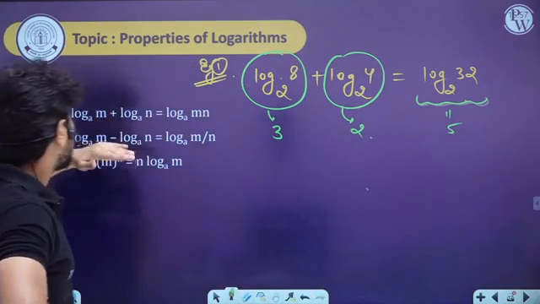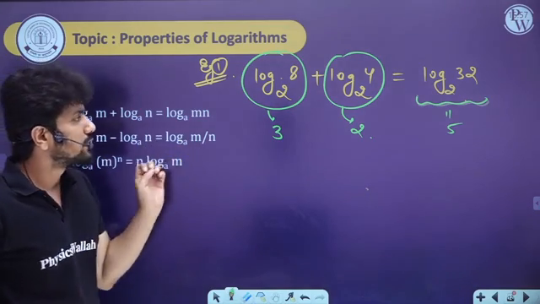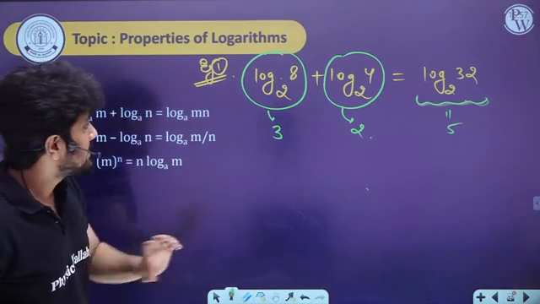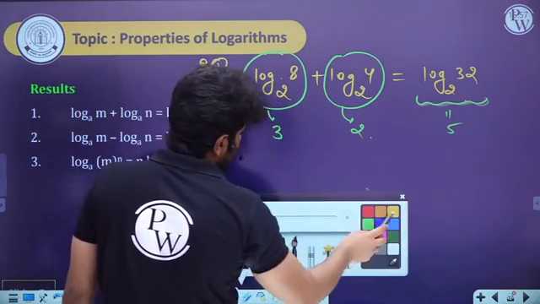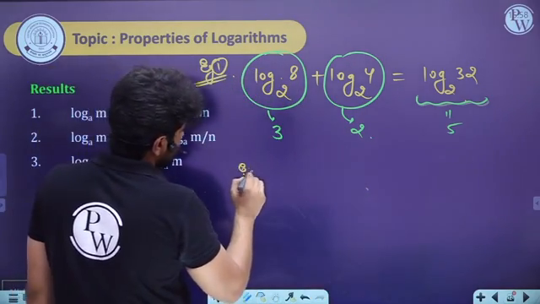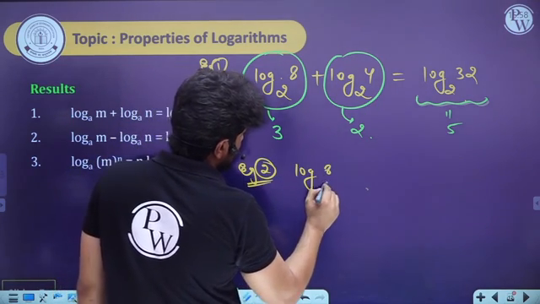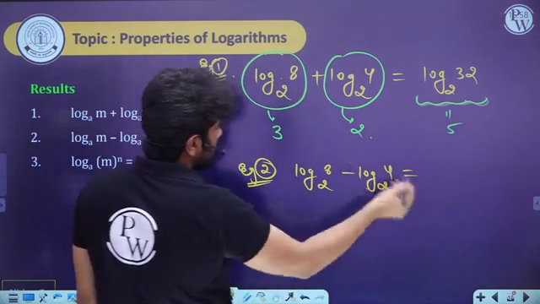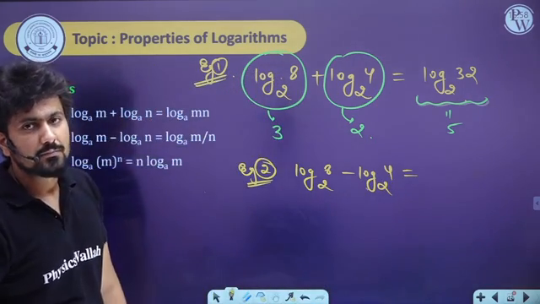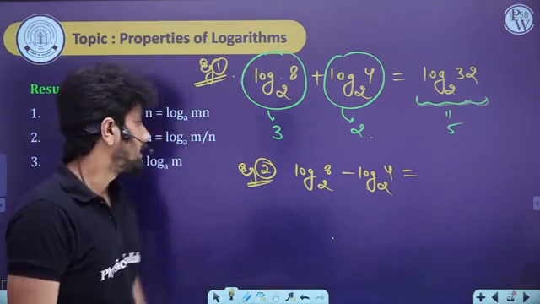Second, log of m to the base a minus log of n to the base a is equal to log of m by n to the base a. Basically, if there's a minus sign between them, we divide. Example 2: let's say log of 8 to the base 2 minus log of 4 to the base 2. We can apply this property only when the base is the same.